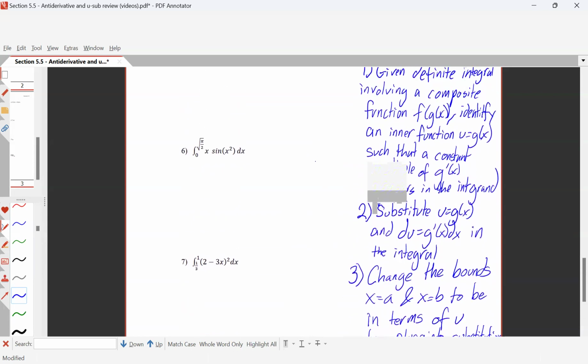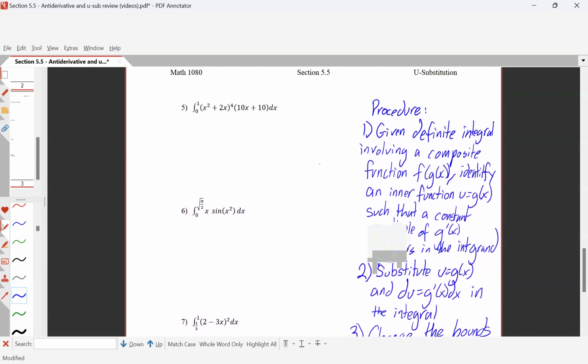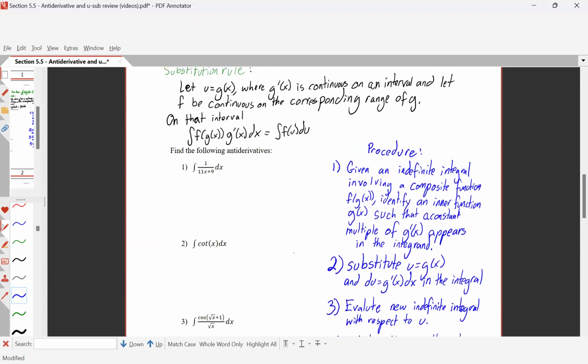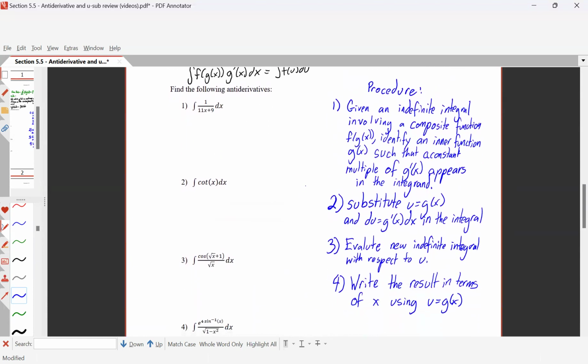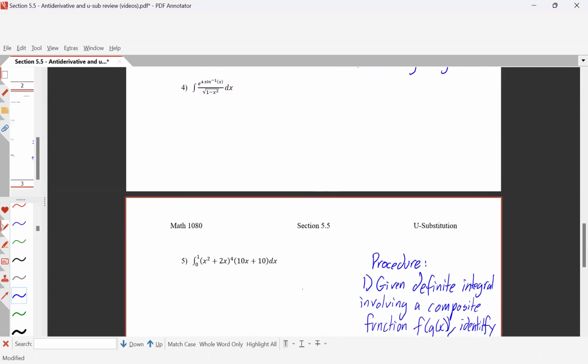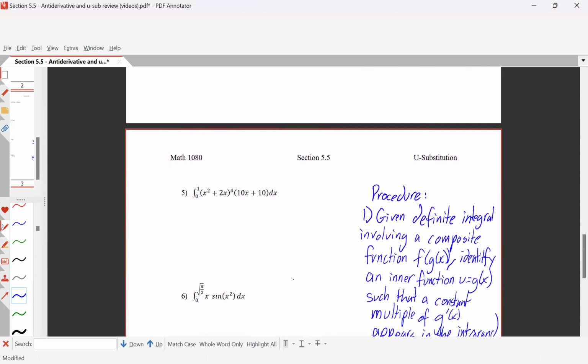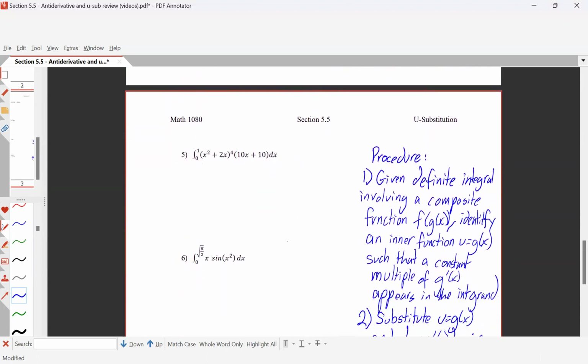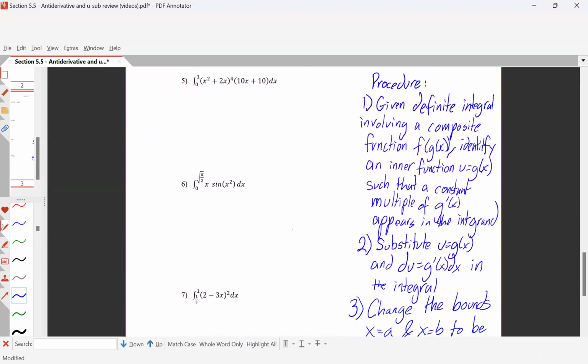So for definite integrals, once we switch over to being in terms of u, we can stay in u. But for indefinite integrals, since we don't have those bounds, we need to make sure we go back to terms of x at the end. We will see examples in the next 2 videos about these different procedures.